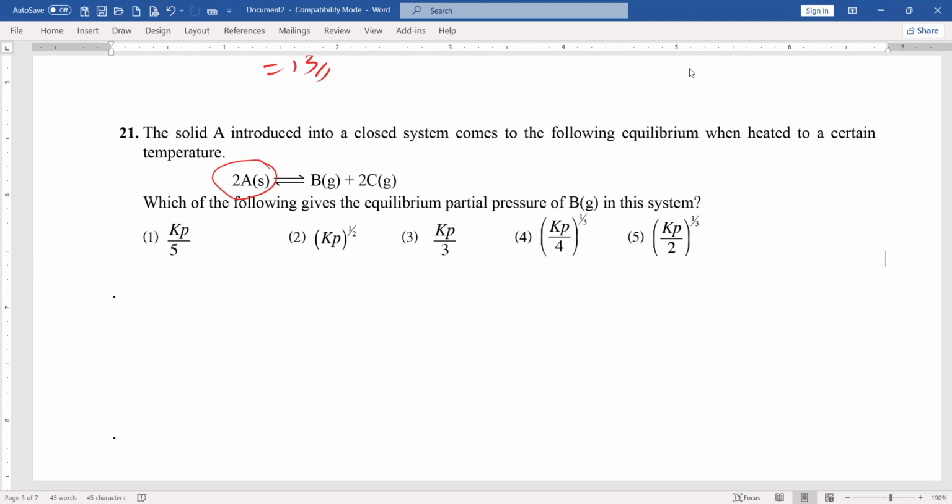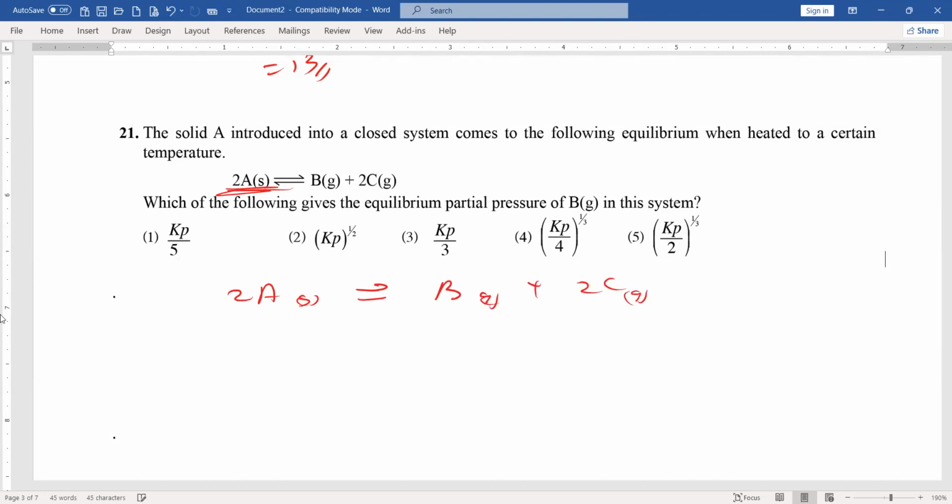If you have a solid, you have to mark it as solid and remember that. Otherwise, when you write down the Kp or Kc equation, you will include that. Which of the following gives the equilibrium partial pressure of B? Okay, let's see. Now you have 2A solid giving B gas plus 2C gas.